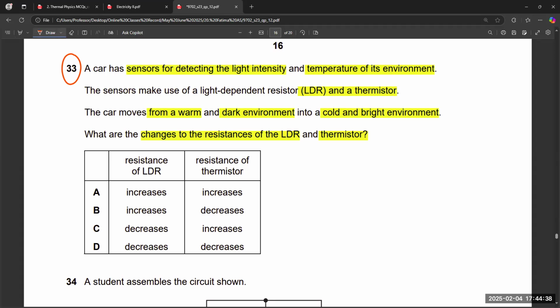Okay. Because we are moving from warm to cool, it means temperature decreases, resistance increases, and for a bright environment, intensity increases, resistance decreases. For the thermistor, resistance increases, and for the LDR, it will decrease.